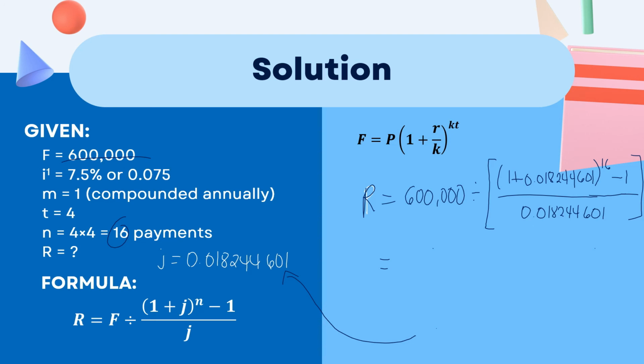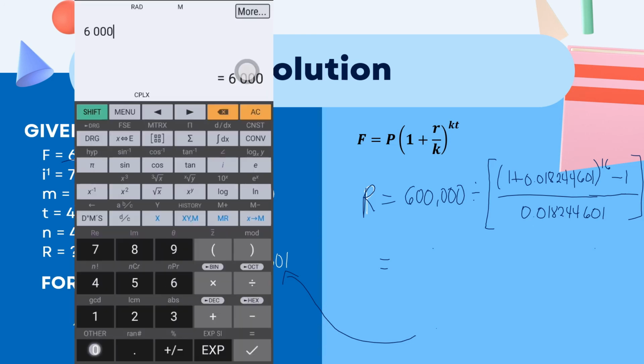Then, pwede na po nating idiretso sa ating calculator. 600,000 divided by 1 plus 0.018244604 raised to 16 minus 1 over J.